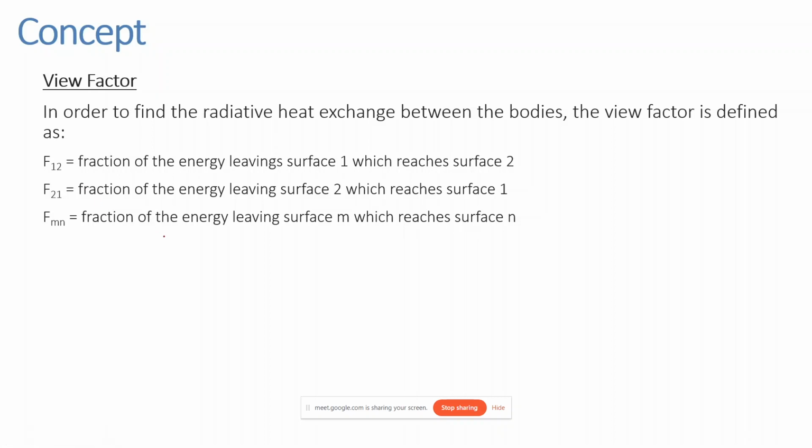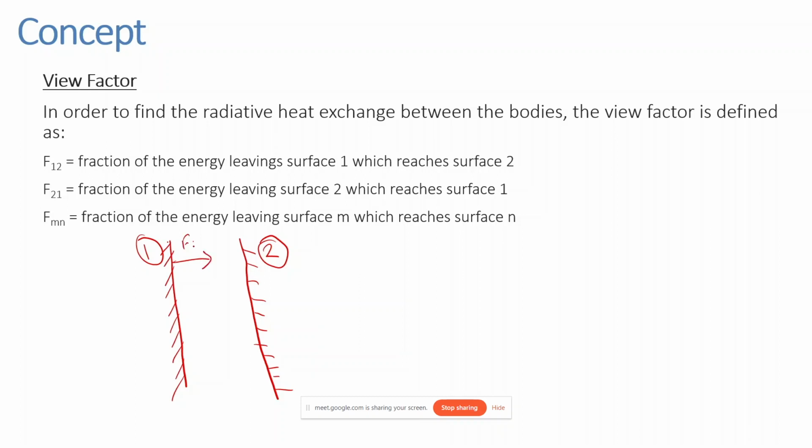Let's say I have two surfaces over here, and in both cases the inner side is the reflecting one. I will call this surface 1 and this surface 2. Then F12 is the fraction of energy that leaves surface 1 and reaches surface 2.